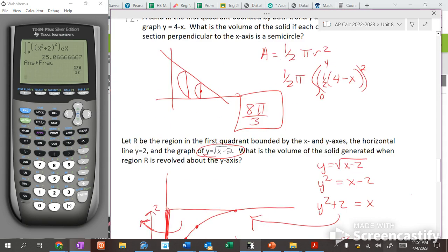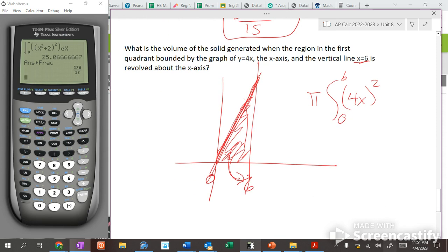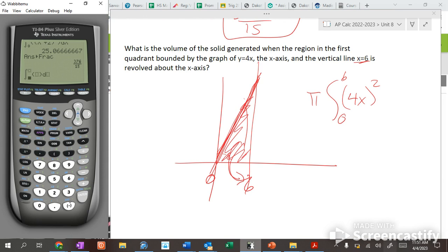All right. So if we do that, we go math number 9 from 0 to 6 of parentheses 4x squared dx.